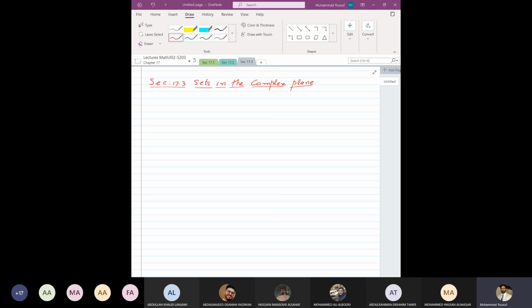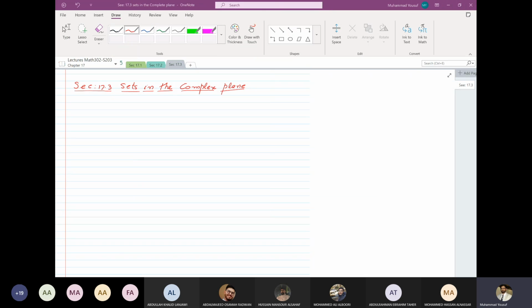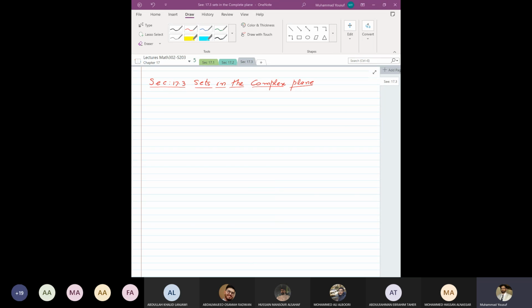Chapter 17. Sets in the complex plane. Actually, I need to make some figures. So instead of making these figures, I will copy and paste them for you. So, sets in the complex plane.